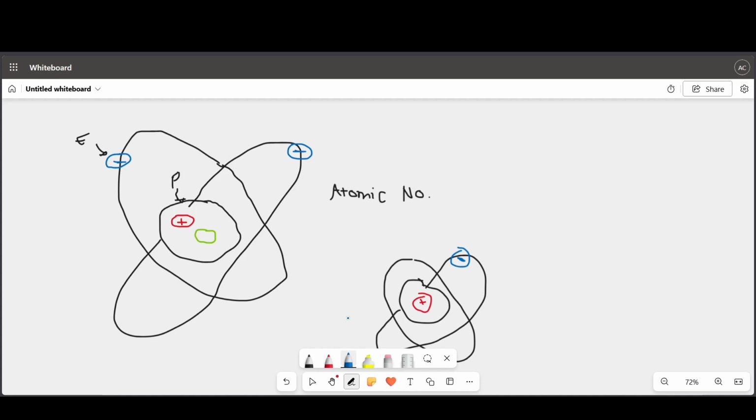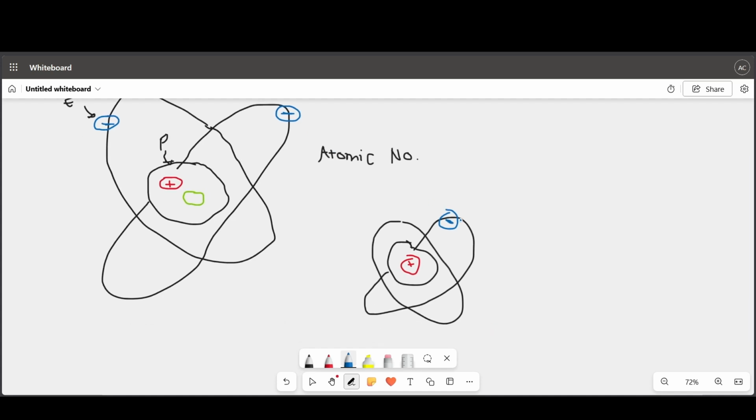There can be one or two, and if there are more than two electrons, then those electrons will spin in opposite directions.